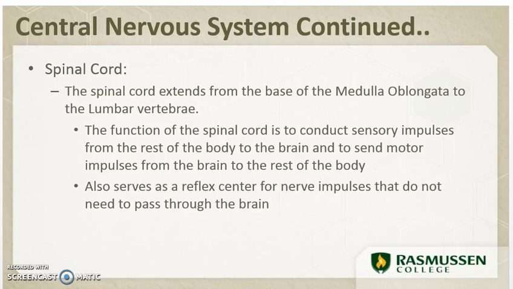The function of the spinal cord is to conduct all sensory impulses from the rest of the body, send those to the brain, and then the brain will send back a motor response that your spinal cord will then send out to the rest of the body. It also serves as a reflex center for your nerve impulses that do not need to pass to the brain.